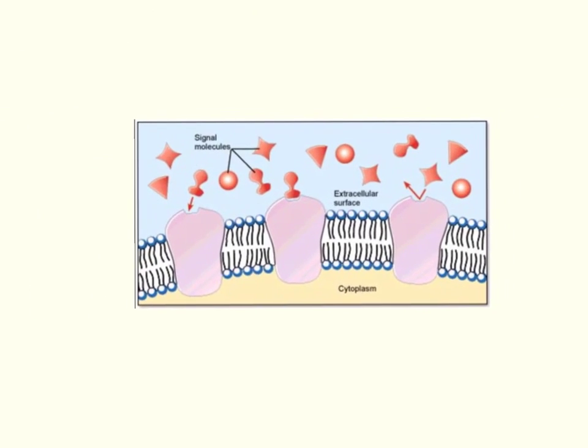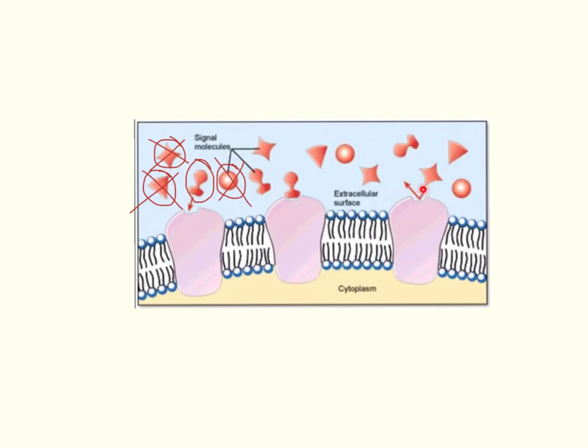And here's just another example to highlight where we have some signal molecules which will be detected by the receptor protein in the cell membrane. And there it is there, being detected. Because they are complementary in shape, they do get detected. Other signal molecules, like this one, and this one, they are not complementary shapes to the receptor proteins, so they will not be detected by the receptor proteins, as you see here.